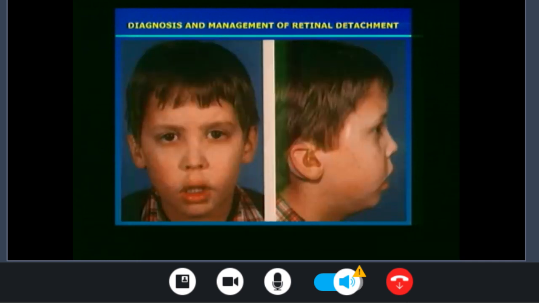So this is the British example of a Stickler. This picture was given to me by the late Mr. John Scott from Cambridge, the one who introduced silicone oil for vitreoretinal surgery. He had a special interest in Stickler syndrome, to the extent that I learned Stickler syndrome from him. He had a club for patients with this syndrome.